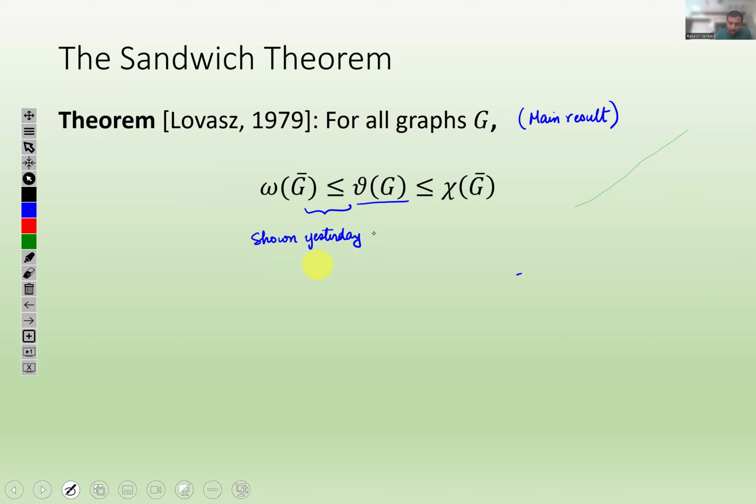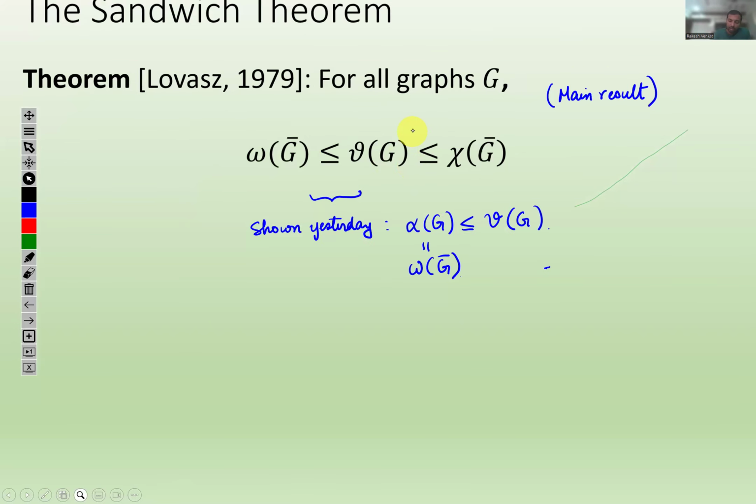What we showed was that the theta function of G is lower bounded by the independence number of G. And we know alpha of G is nothing but the clique number of the complement graph, so this should be easy to see. We have already shown this. What we'll mainly try to do is related to the coloring, or the chromatic number, of G complement.